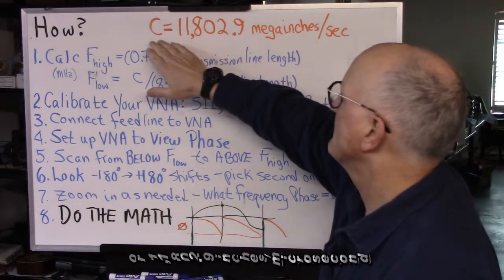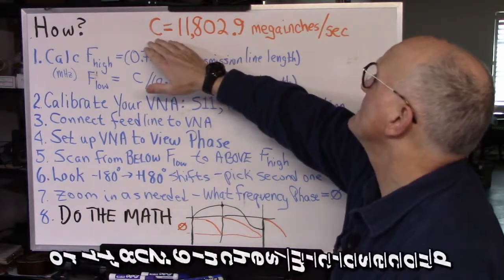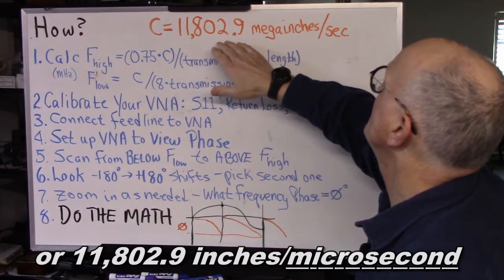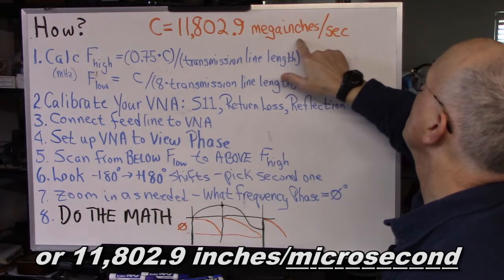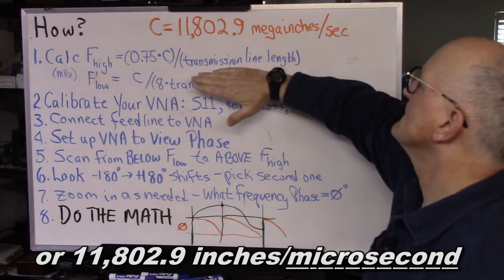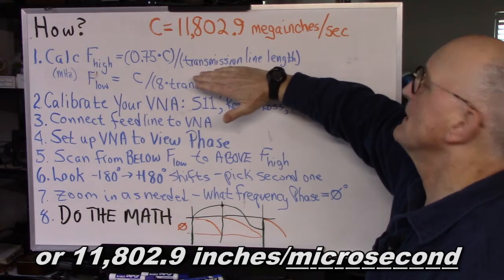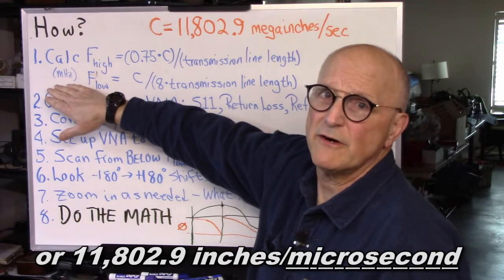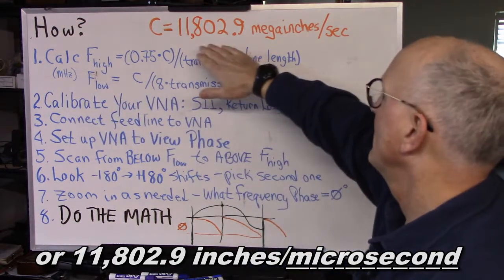Now I have up here the speed of light in free space is equal to 11,802.9 mega inches per second. I have this in mega inches per second because I measure my transmission line length in inches and I want the results in megahertz.